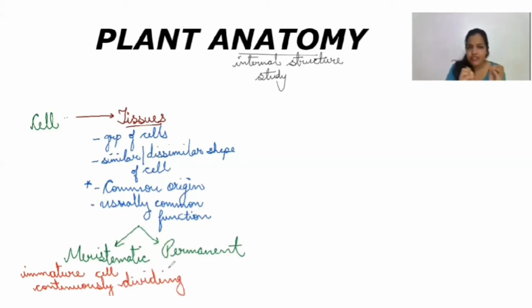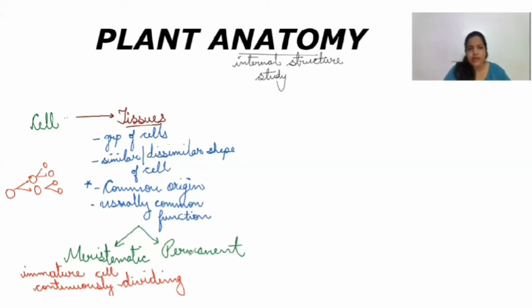So the cells are dividing continuously, means a parent cell is there and it is dividing into two daughter cells. Now these daughter cells are further dividing into two more daughter cells like this. So continuous division is going on in such tissues. Such tissues are known as meristematic tissues. Now, apart from the meristematic tissues, we have the permanent tissues where now the cells are matured.